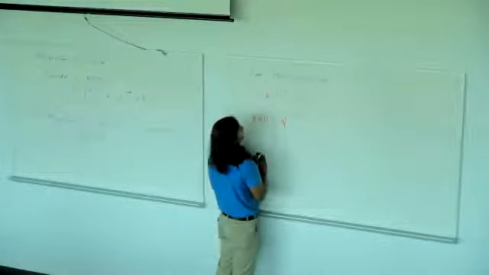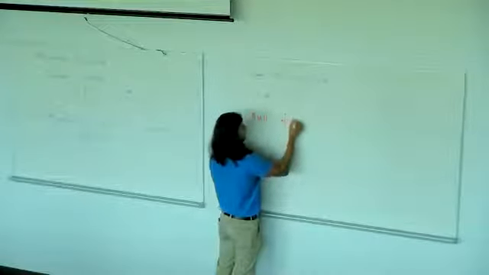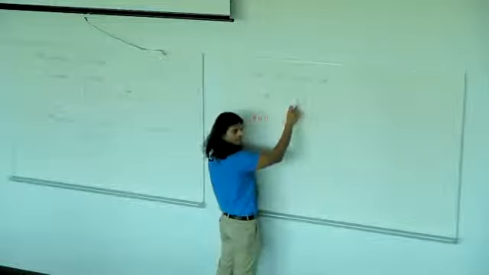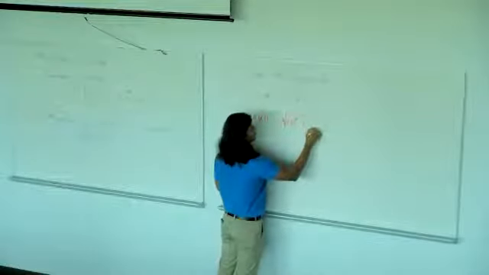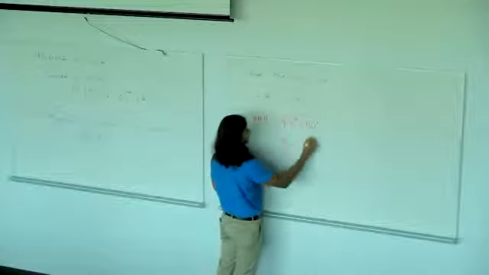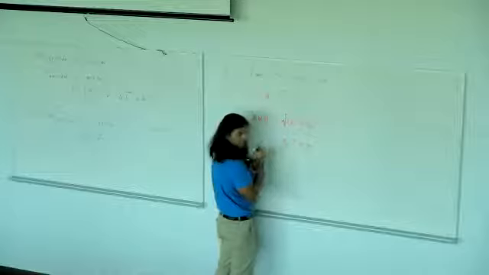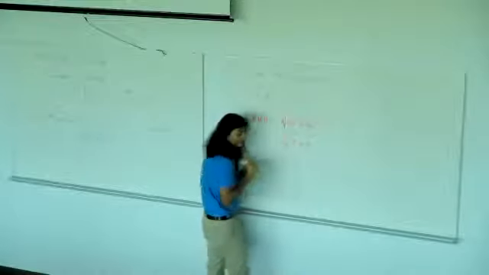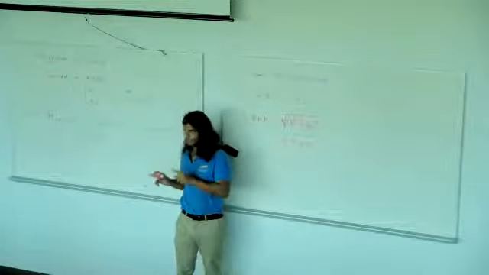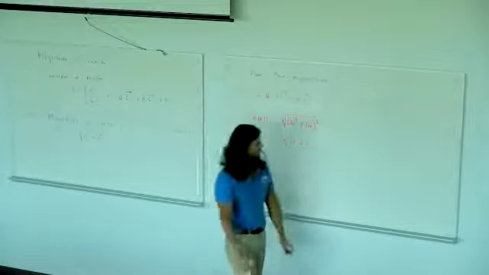Square root. Component, 3 squared. Second component, 4 squared. 9 plus 16. Square root of 25 is 5. Magnitude is always positive. We don't look at the negative value.